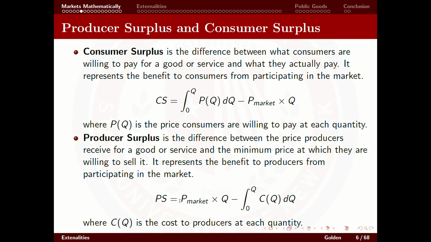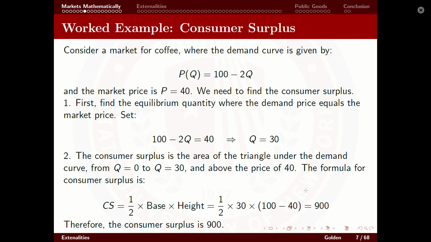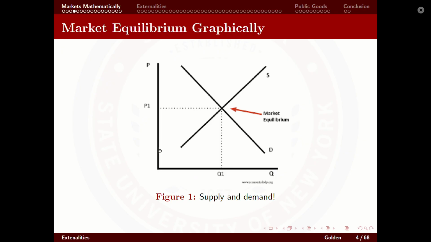And then producer surplus is price times quantity minus the integral of the cost of producers at each quantity. If you'll remember, the supply curve is also the marginal cost curve.